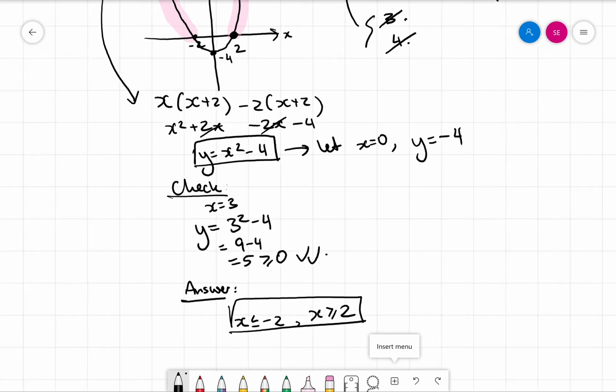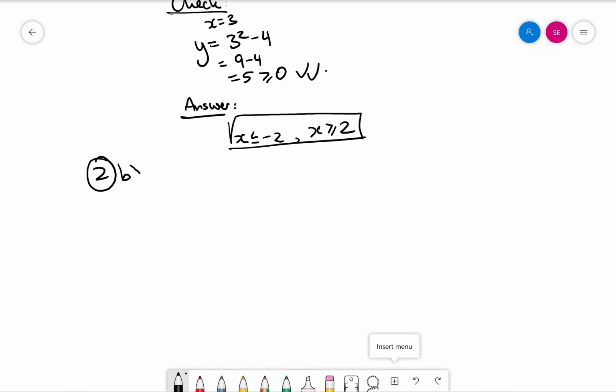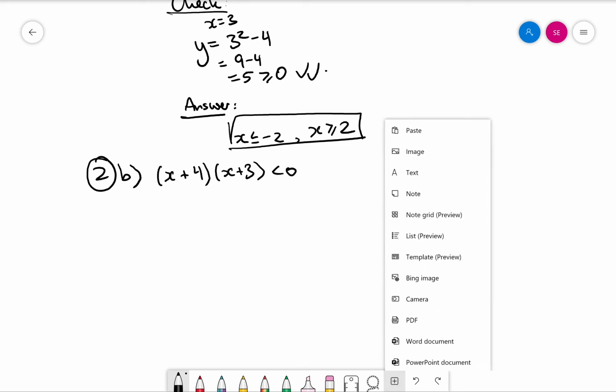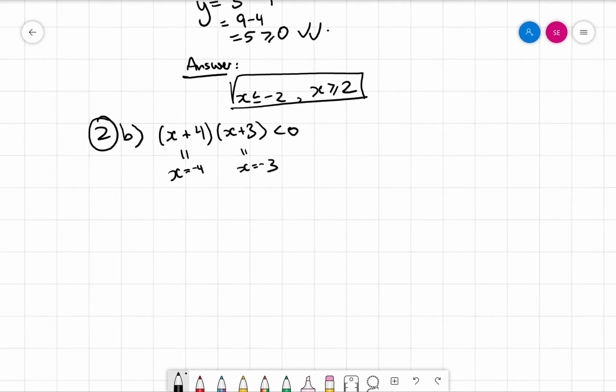All right, let's do B, 2B. So we've got x plus 4, x plus 3 is less than 0. Okay, so again, our x-intercepts, x equals minus 4, x is equal to minus 3. We can just get them from the brackets there.